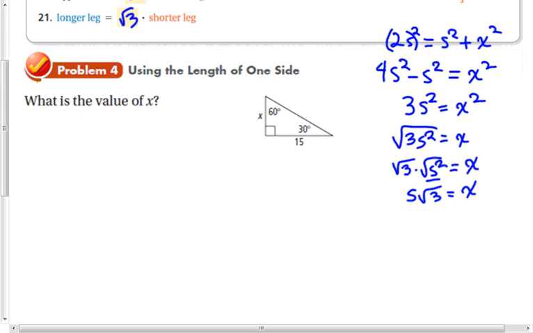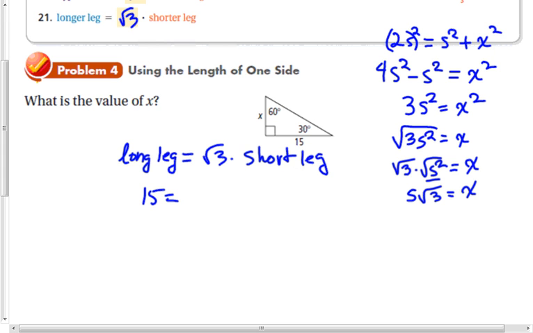So the long leg is equal to the square root of 3 times the shorter leg. And so we can substitute here. My long leg is 15, and the shorter leg is x. Dividing both sides by the square root of 3 gives me 15 divided by the square root of 3 is equal to x.